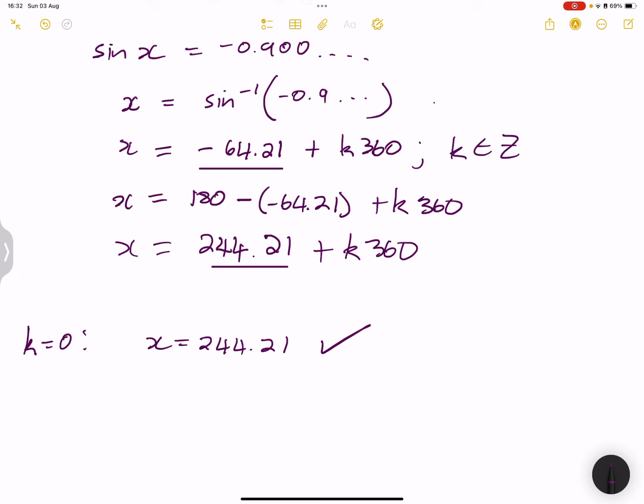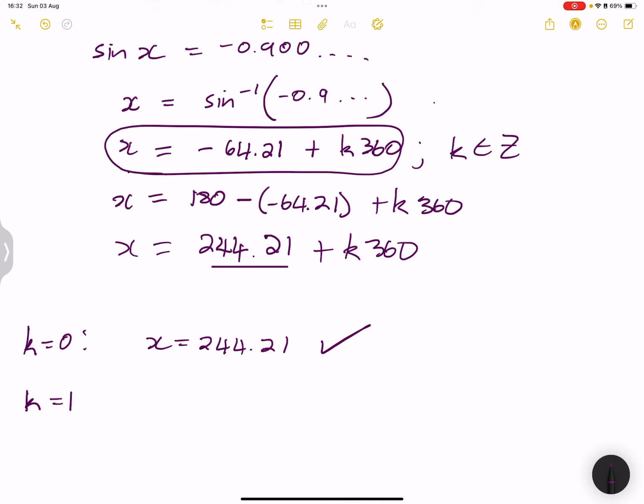Now let's see, if k is equal to 1, let's take that other solution. So x would be equal to negative 64.21 plus 1 times 360.